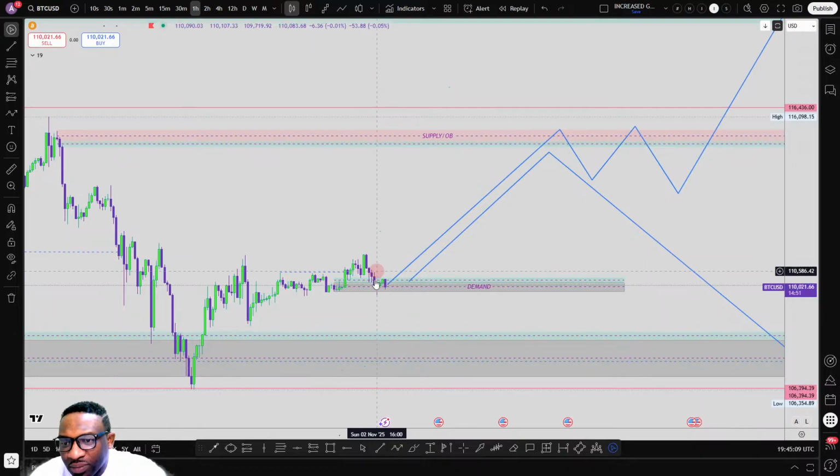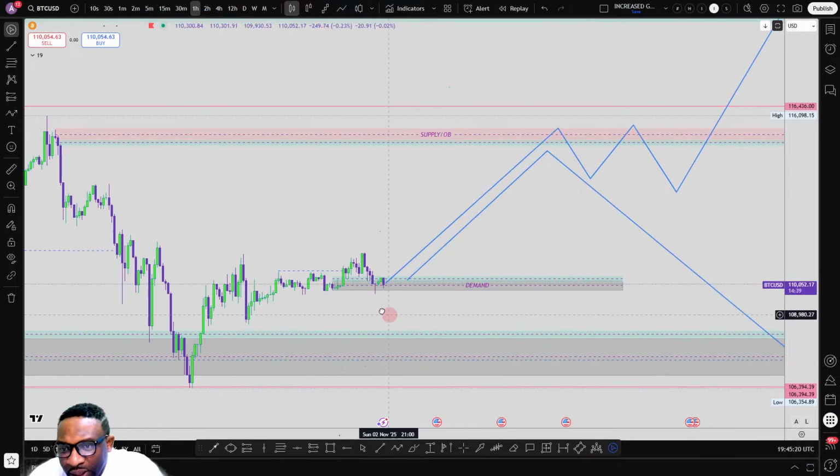Other than that, we could be looking out for this. We are in the zone now. We are in the imbalance demand zone on the BTC, on this 1 hour time frame.